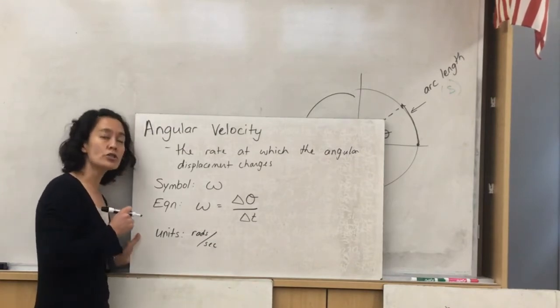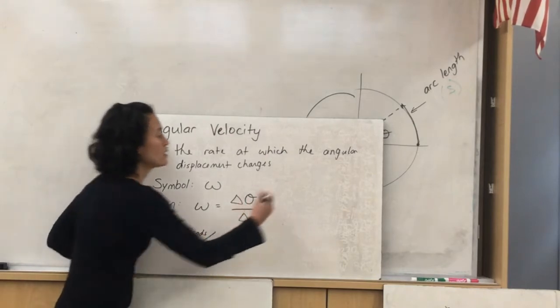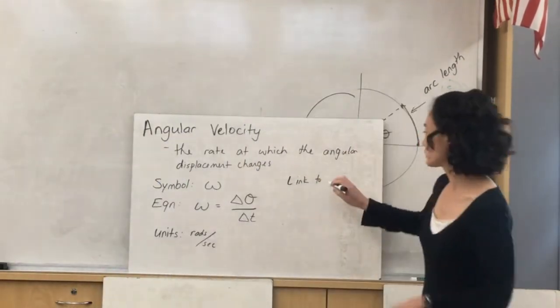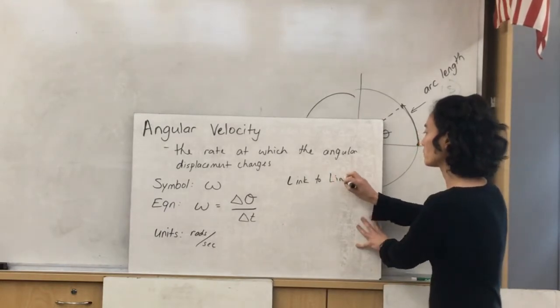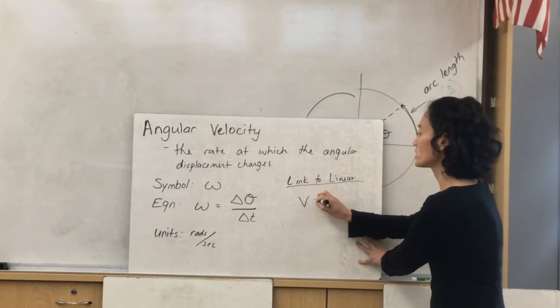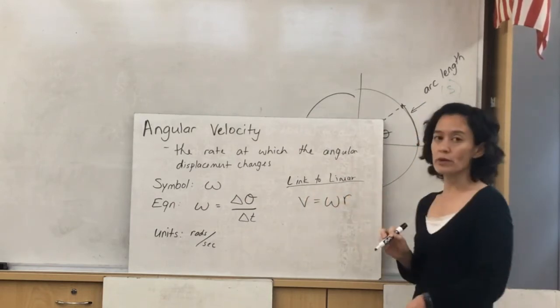Again, it's useful to have a link between the angular quantity and the linear quantity. So I'm going to call this the link to linear. The linear velocity of an object is equal to the angular velocity times the radius of curvature.